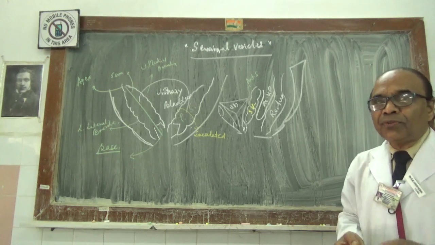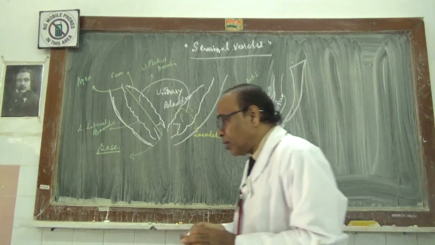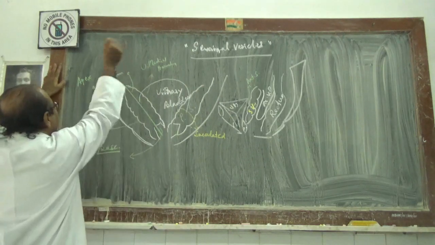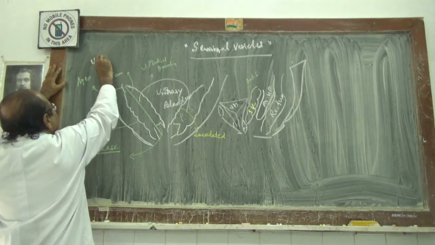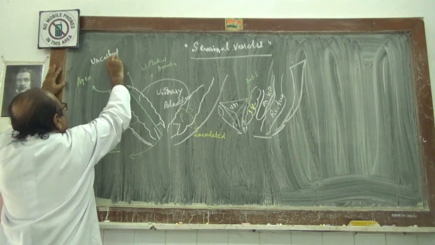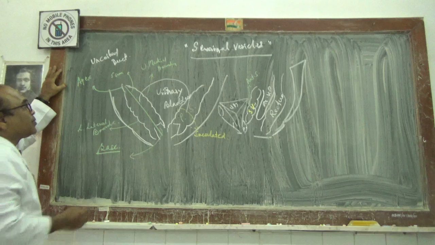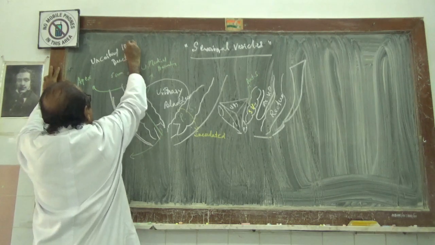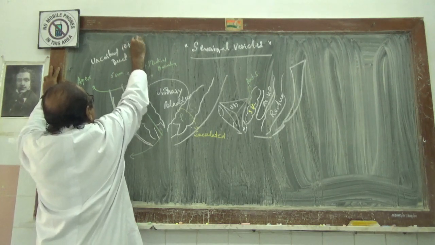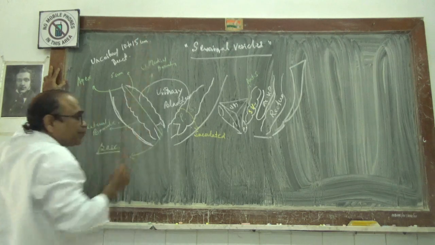This compression is of an uncoiled duct, which is having a length of 10 to 15 centimeters.